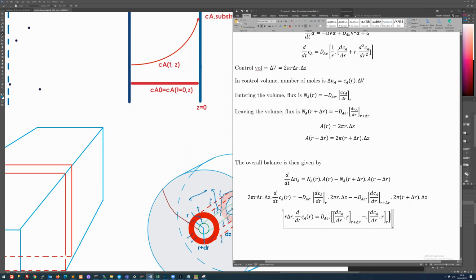But this R is not the same. This R is evaluated at R plus delta R, so it's not the same as this R here. When we divide, we have to respect that. So I want to write this as over R. Let's divide by the R there, and then divide this thing by the delta R.